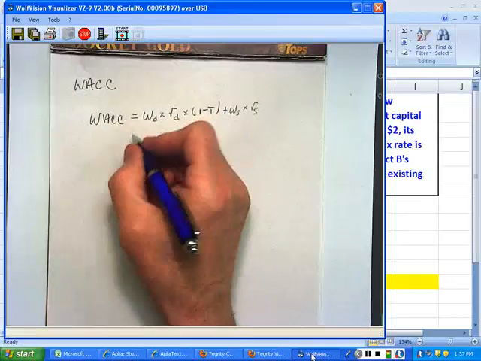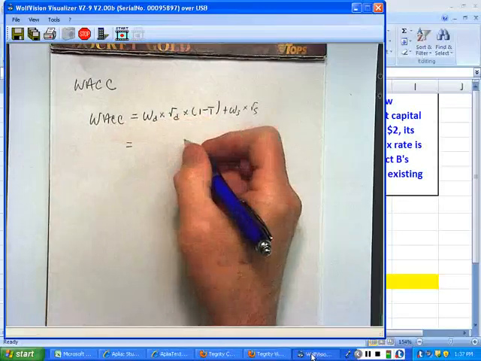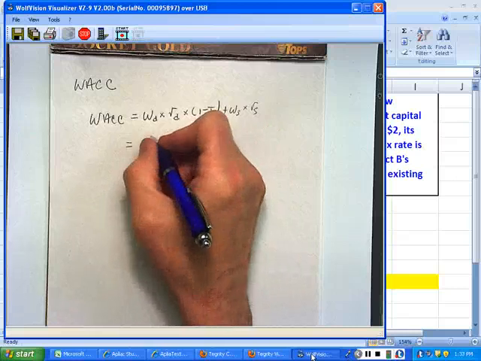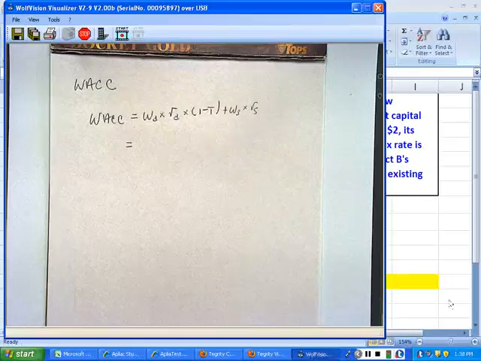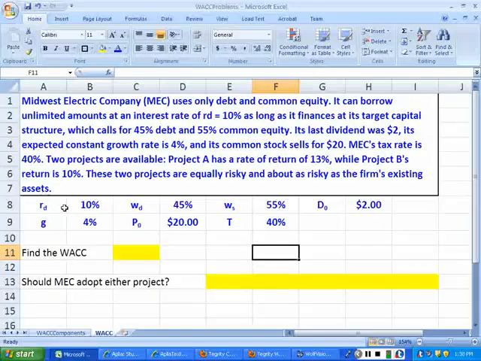Now, all we're going to do at this point is begin to substitute in this information that we have. If you go back and take a look at these within the problem, we find that we've got a weight on debt of 45%, so 0.45, which we're going to multiply by the cost of debt or yield to maturity of 10%, 0.10, and we'll multiply that by 1 minus this 40% tax rate for that whole component cost.